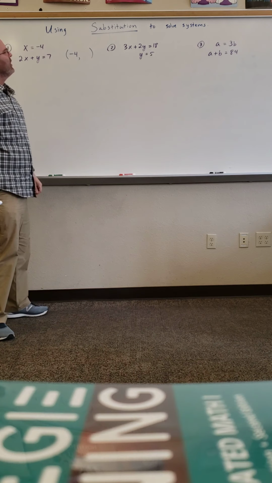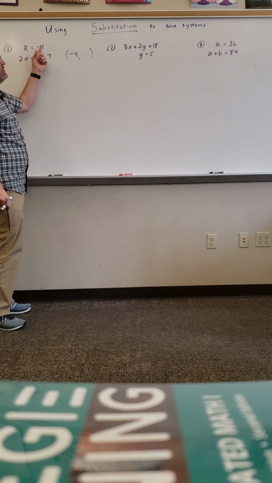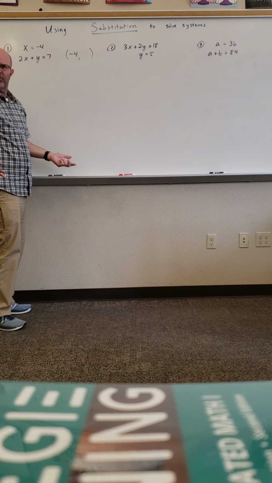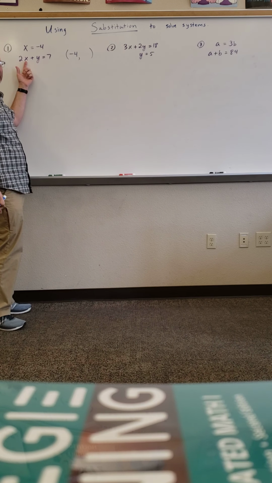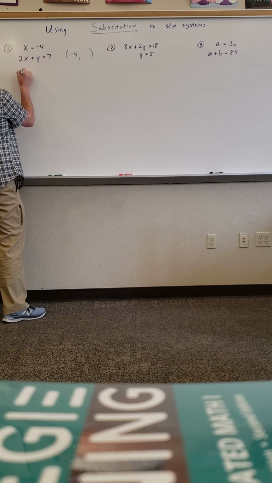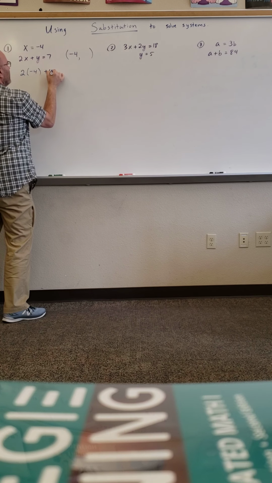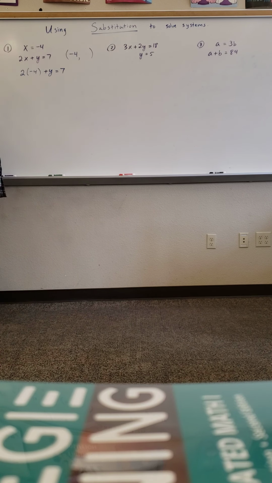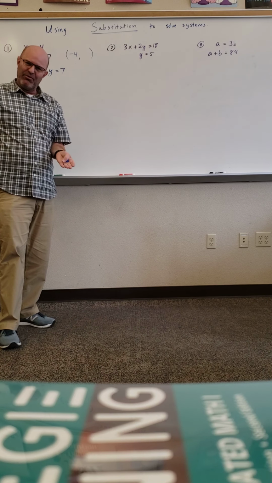So hopefully you can see why this process is called substitution. We're going to take this value of -4 and substitute it in for x. We're going to replace x in the other equation with -4. When I do that, the work should look something like this: 2 times (-4) plus y equals 7. You can see that this equation only has one variable now. That's the point.